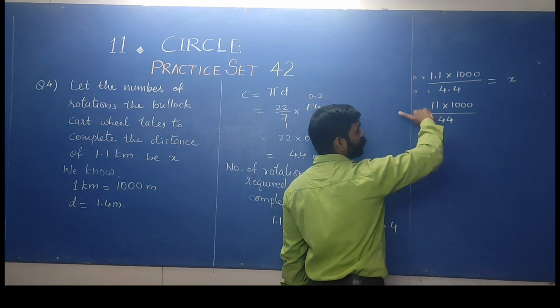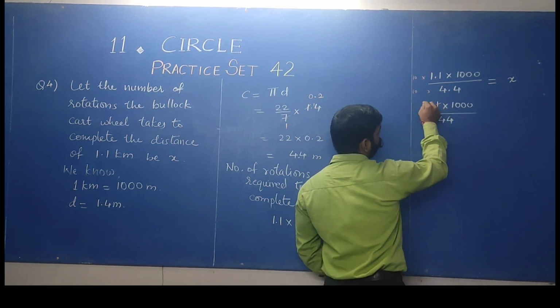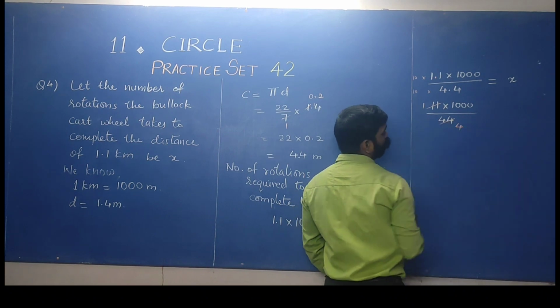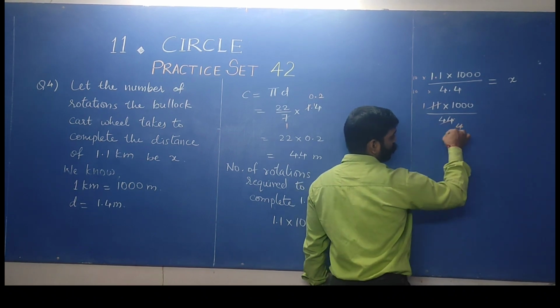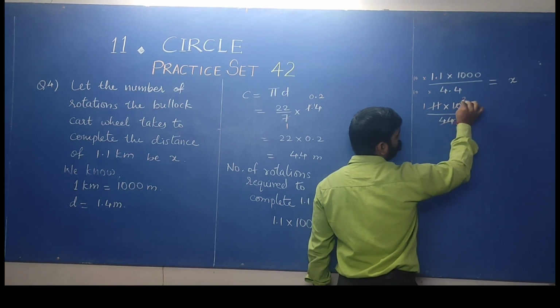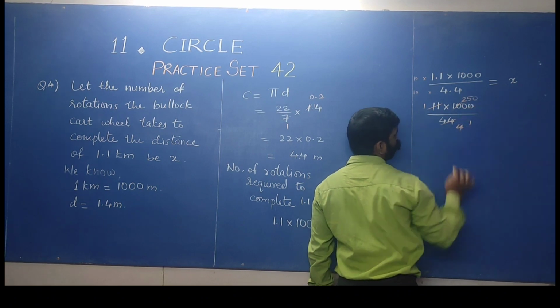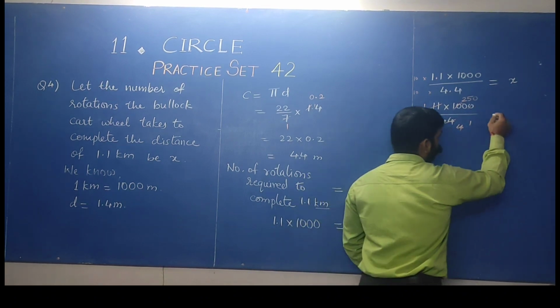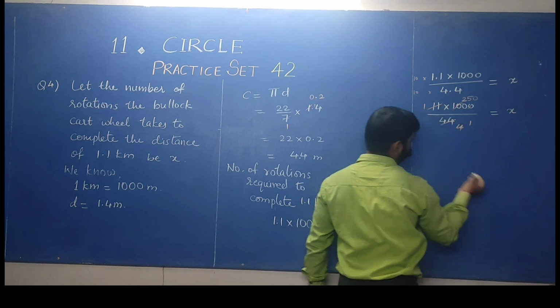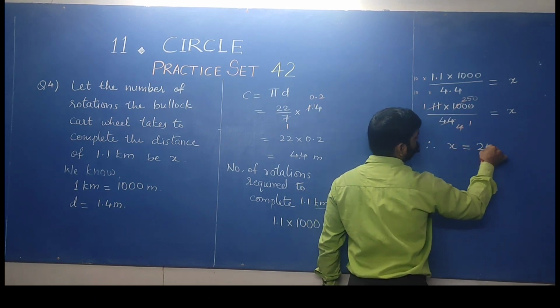So the decimal point is removed. Now 11 ones are 11, 11 fours are 44. Now we can take the table of 4. 4 ones are 4, 4 twos are 8, remaining is 2, 4 fives are 20 and last 0 we are going to put. So we will get the value for x. Therefore the value for x is 250.